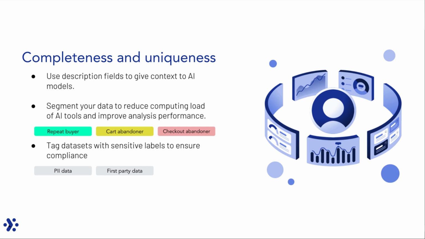These examples show how you might want AI to quickly identify customer journey stages, similar to how you would categorize your data for your own human-powered analytics. And so segmenting your data is very helpful from a model efficiency standpoint. It helps reduce noise, which helps AI retrieve answers faster, and it paints overall a clearer picture to help it better get to the output that you're trying to generate.